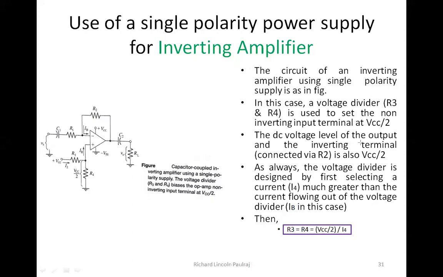Number 1 is the output side, and the inverting terminal connected via R2 is also VCC by 2. Then the non-inverting input terminal is also VCC by 2, and the output also becomes VCC by 2.